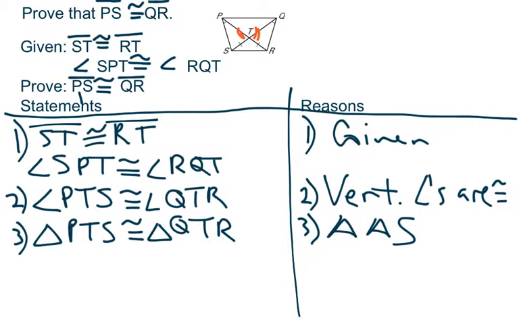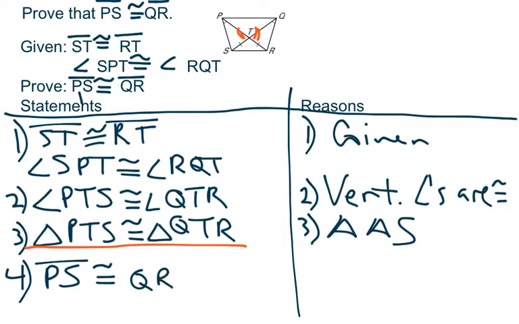Now, once I have the two triangles are congruent, then I know the corresponding parts are. And segments PS and QR are corresponding parts. So, now I can say that segment PS is congruent to segment QR, and the reason is corresponding parts of congruent triangles are congruent. CPCTC.